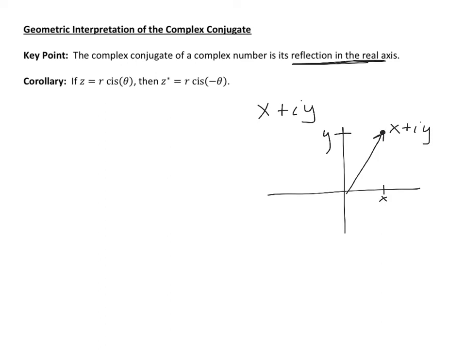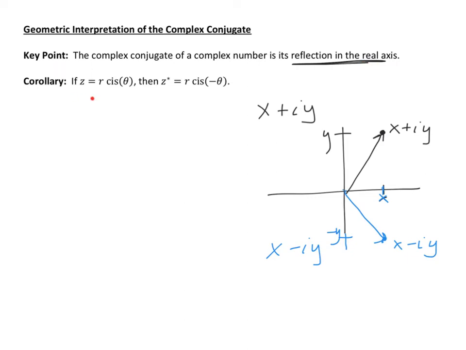If the conjugate is supposed to be x minus iy, it means you're going to go over the same x, but now you'll go down the same negative y, and you'll get this point down here, which, as you can see, is the reflection across the x-axis. I'm sorry, not the x-axis, the real axis.